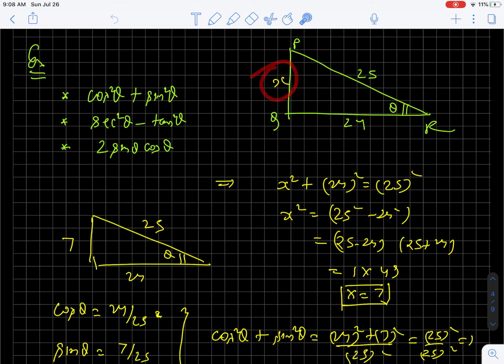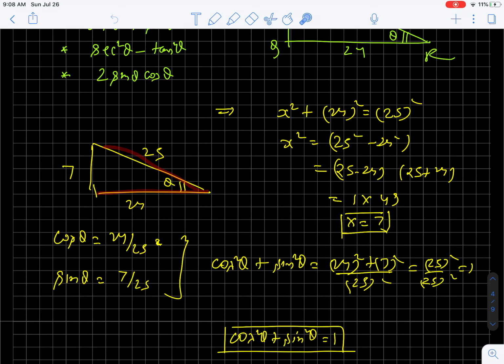If you know the value of x, that is 7, you can find sin theta. Sin theta is 7 by 25. Cos theta is 24 by 25. And if they are asking about cos square theta plus sin square theta, square these values and add them. Cos square theta is 24 by 25 whole square. Sin square theta is 7 by 25 whole square.